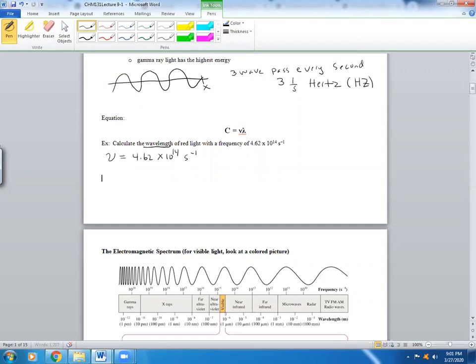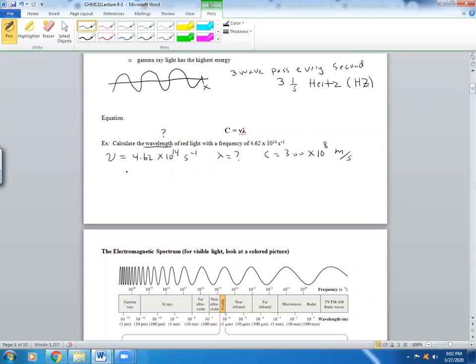It says calculate the wavelength. So that means we do not know lambda, but we must be given something else. Well, C is a constant. Here it is. So therefore, we have frequency, we have the speed of light, that's a constant, and we want to solve for lambda.